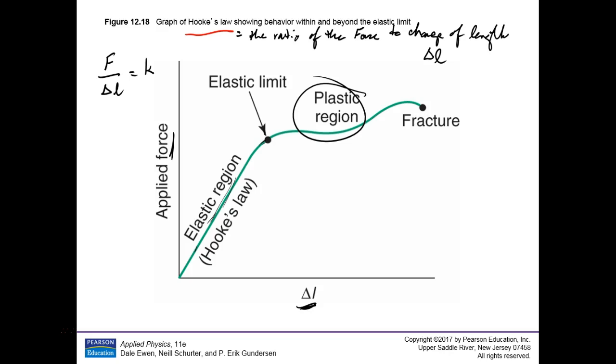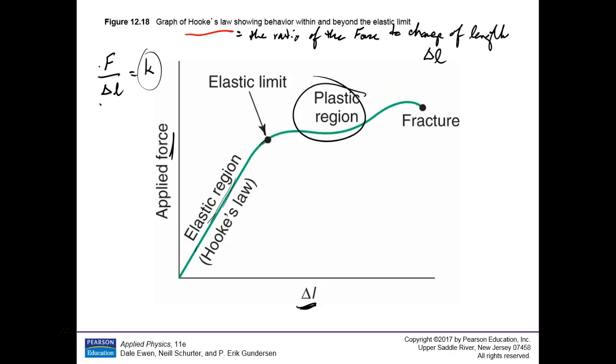The elastic region is when whatever you do, compress it or stretch it, it goes back to the original shape. Hooke's law is valid only in the elastic region. The ratio of the applied force to the change of length is always a constant. That slope is constant. Up here, the slope is changing constantly.